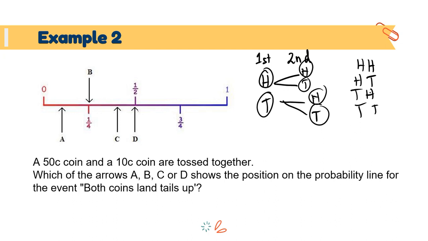So, ilan lang ba ang lumabas na parehong tail? We have isa lang po. Out of ilan yung possible outcome? 4. So, 1 out of 4 lang po na lumabas ang parehong tail. Okay? So, saan ngayon siya magfo-fall? Magfo-fall na po siya sa letter B, which is sa 1/4 or unlikely to happen.